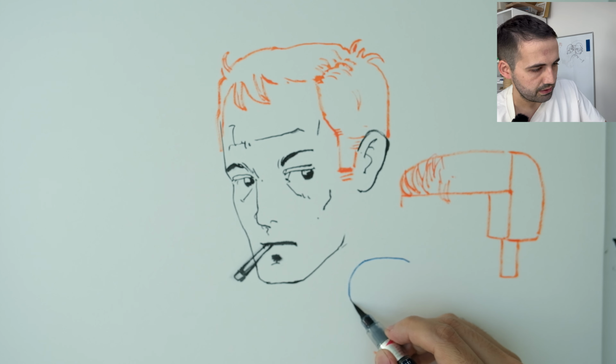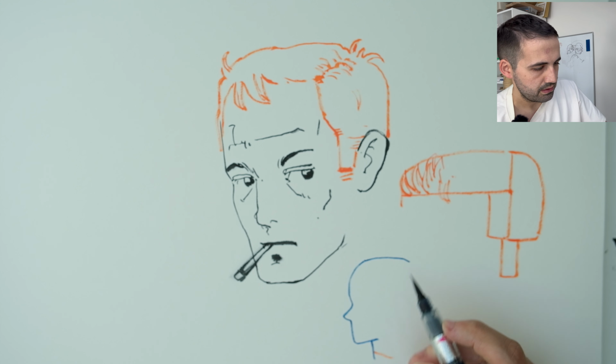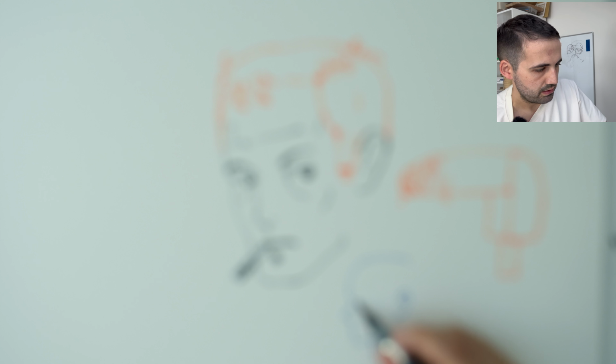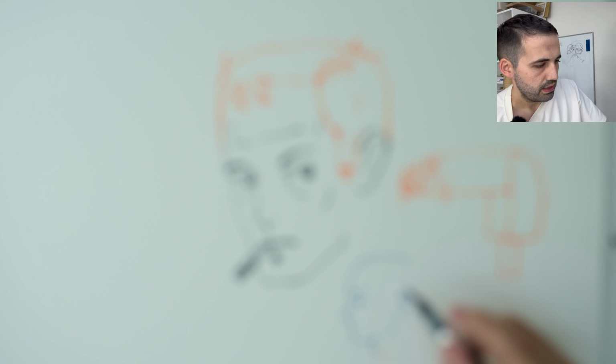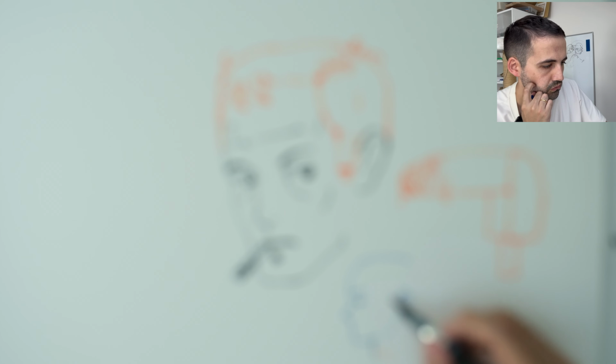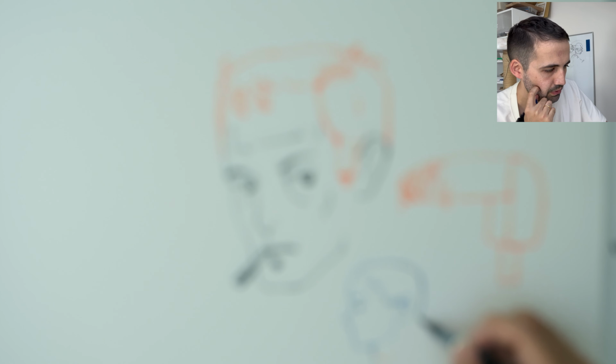I'm gonna draw sideways so that it's easier. Let's say the character has a ponytail. So again, I treat it as a big 3D shape. The ponytail works like this. It goes all the way here.